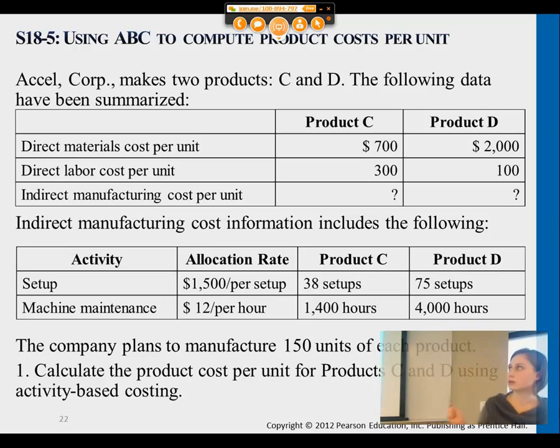We want to do something with these numbers. First, we calculate the product cost per unit for products C and D. Sorry, that's your quiz. You're so lucky. Okay, so we'll start with this problem, and I hope after you read this at home, you're going to do better.